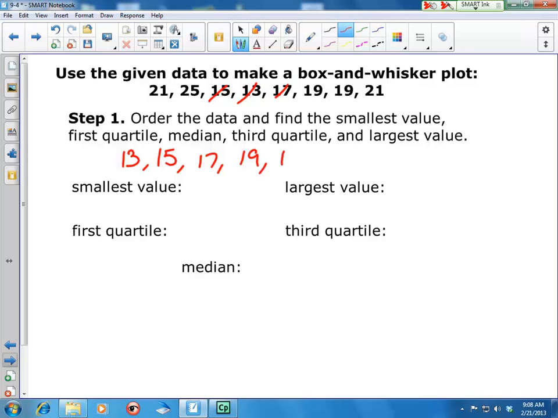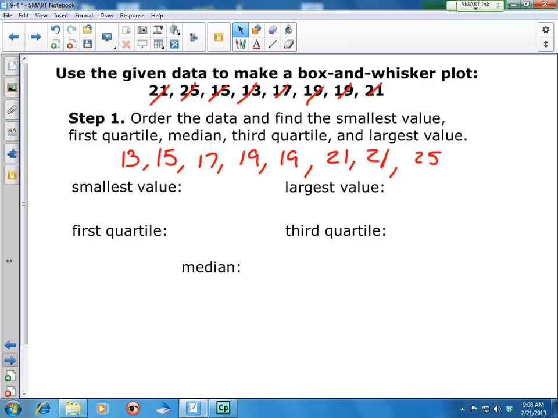We have two 19s, sure do. 21, 21, and 25. Yes, so that's all of our numbers there. Now we need to find our middle number, our third quartile, our first quartile, our median, and our largest and smallest values. So, yeah, we could do that.